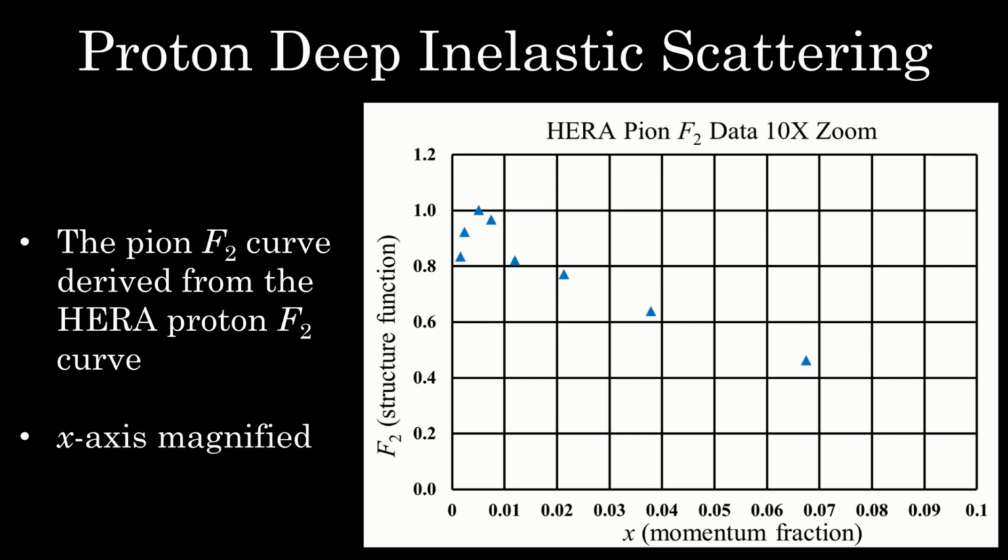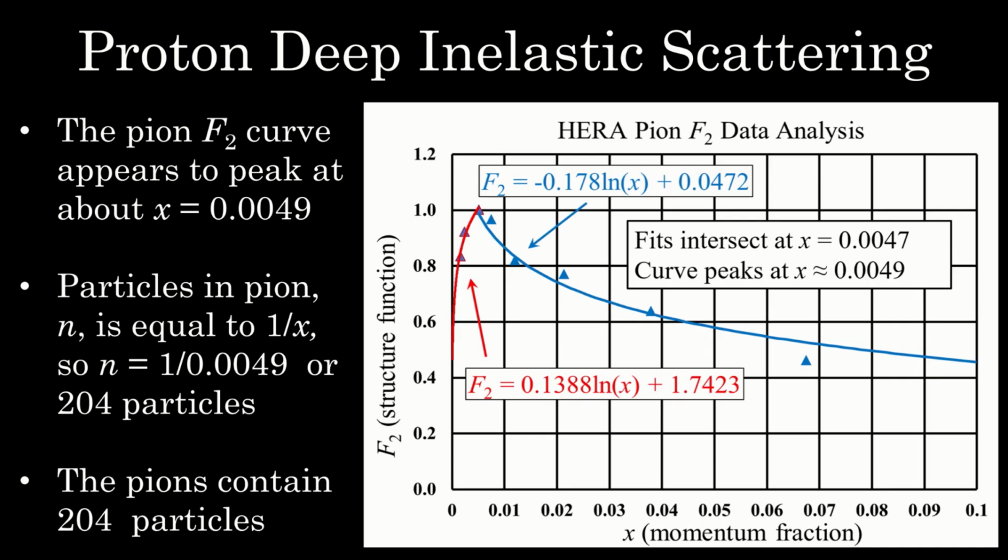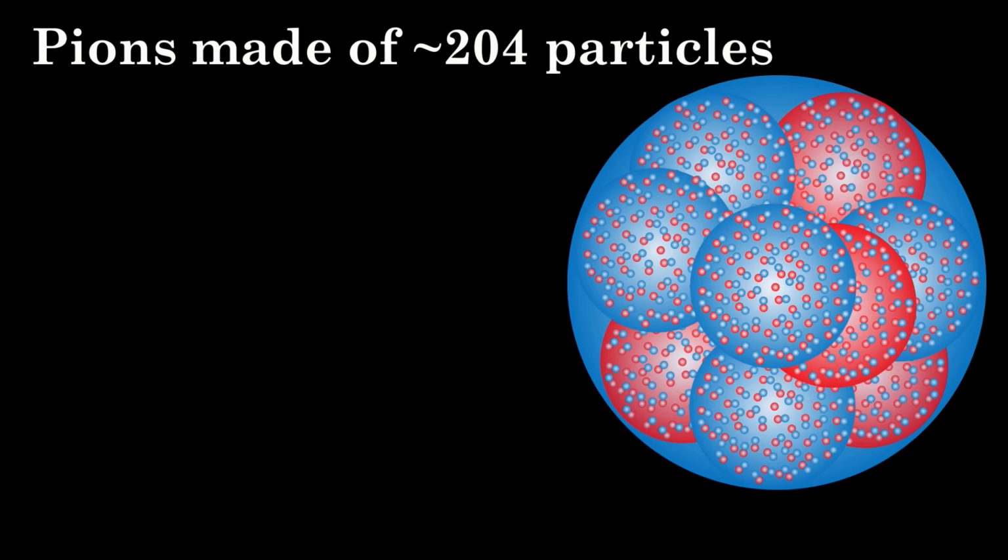When the curve is magnified, it shows a peak of about x equals 0.0049 or 1/204, which indicates that each pion within the proton is made of about 204 smaller particles.